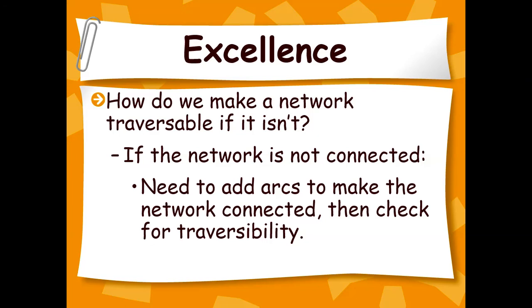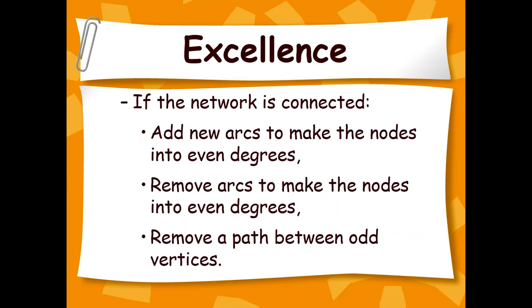If the network was not connected, for example if there was an island that nobody could get to, then we would need to add a new bridge to connect that island. If the network is connected, then we still need to either add new arcs or take away arcs, and we want to make the nodes into even degrees.